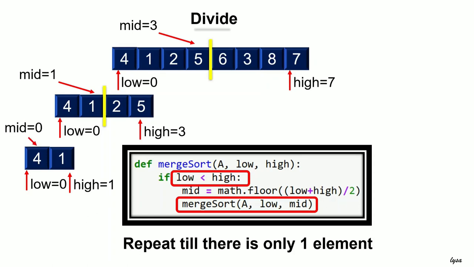Again, I find the mid value. The mid value for (0 plus 1) by 2 is 0. So again, divide it like this. This results in a single sublist where the low value and the high value are at 0. At this juncture, low is equal to high and the recursion stops.